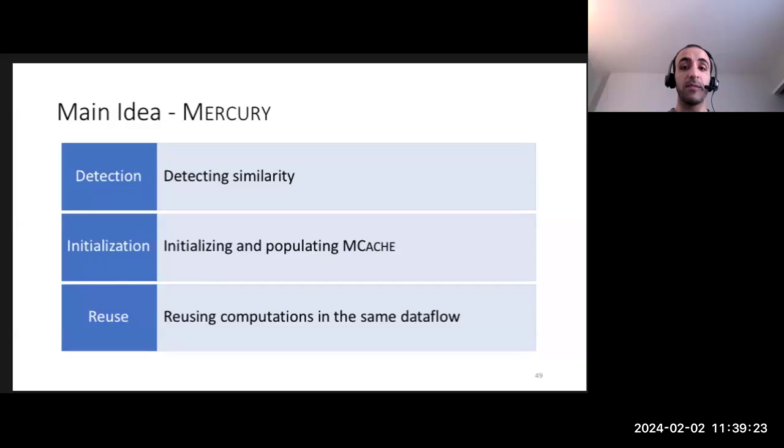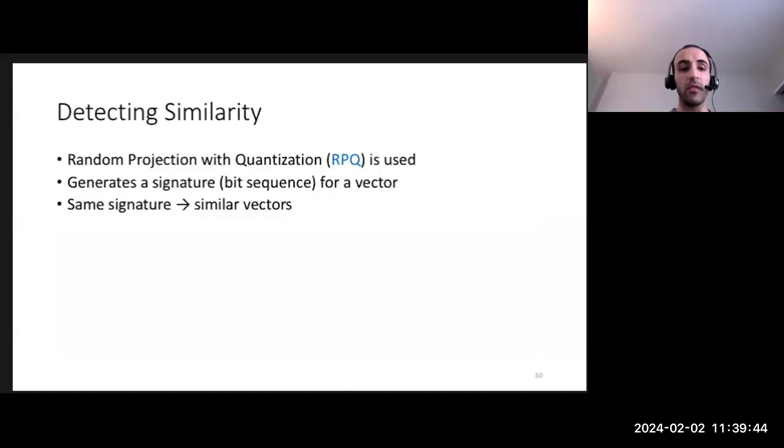It detects the similarity by utilizing a hashing technique and generating signatures for vectors. Then it uses Mcache, which is a cache-based structure, to find similar signatures or vectors. Finally, it reuses the computation result for similar signatures, and it keeps the data flow the same.